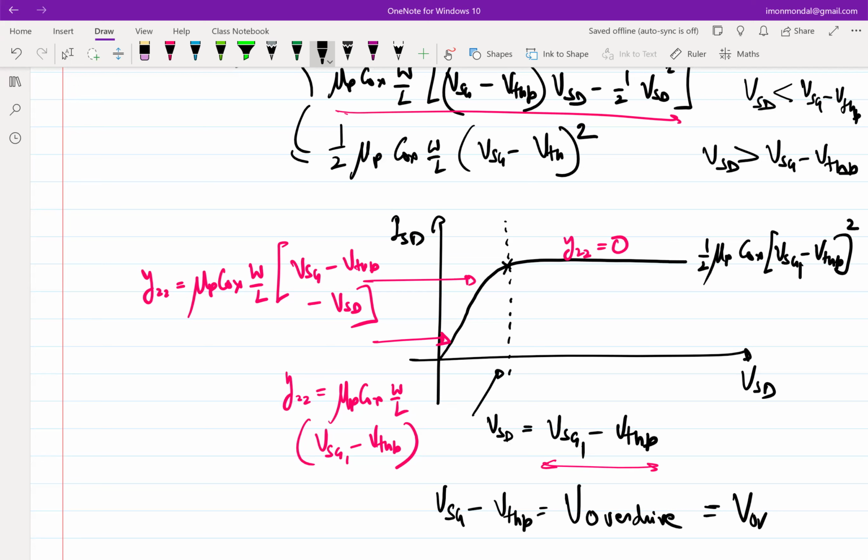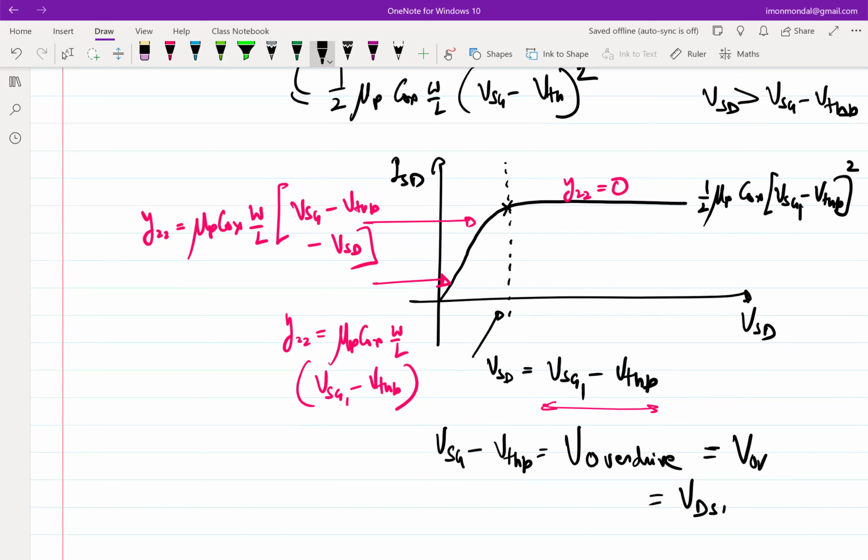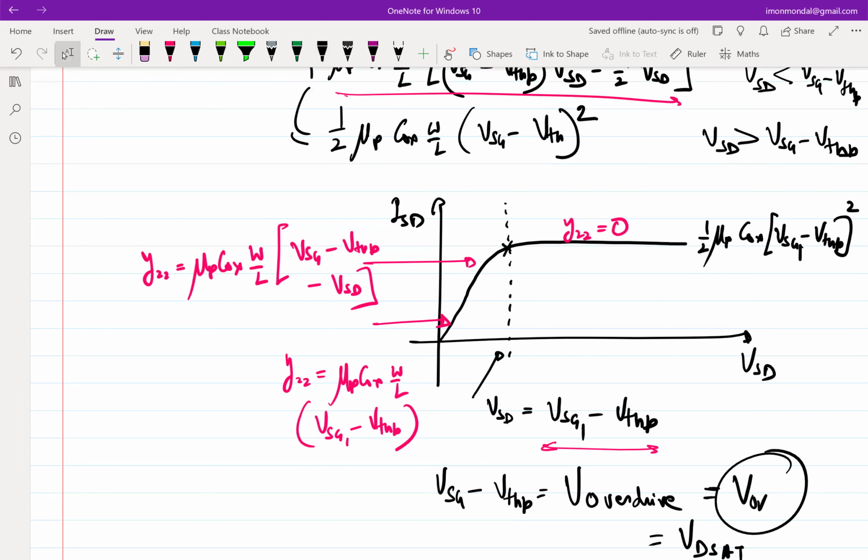That's why it's called overdrive voltage. This is also the voltage for which you get the saturation region of operation, right? When VSD becomes equal to your overdrive voltage, then you are getting saturation region of operation. So this is also sometimes called VD sat. In this course, we'll limit ourselves to VOV, but if you look into literature, sometimes you will see VD sat also being used. So just don't get confused about this. In this course, we'll be calling it V overdrive through and through.